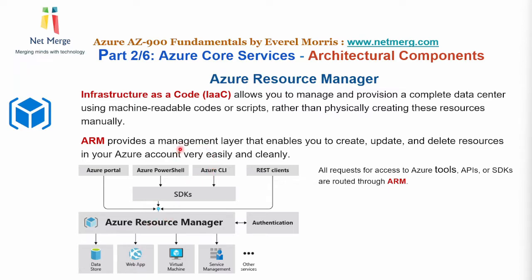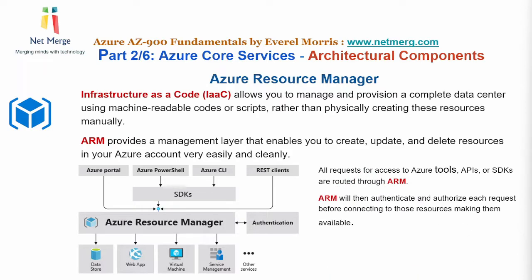So you want to understand that apart from creating an entire infrastructure, it also controls access to each resource. So ARM, remember it, Azure Resource Manager, you'll be seeing it coming up a lot. Azure Resource Manager will authenticate and authorize each request before connecting to the resource, making it available.